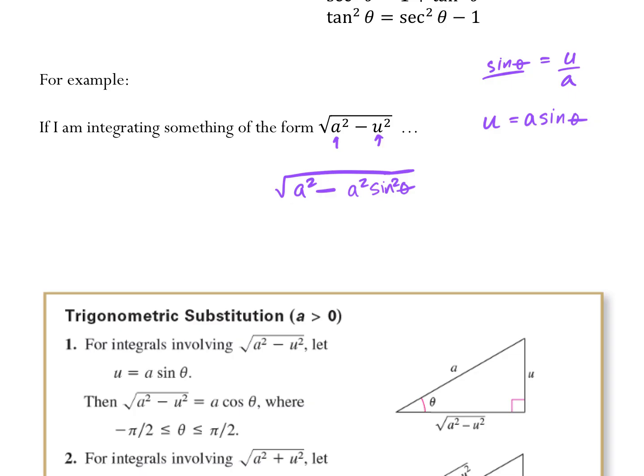Now if I ask you to simplify this, we could take that a squared out, because they both have it now. When I do that, I get 1 minus sine squared theta. Why is that helpful? Now I have the square root of a squared times cosine squared theta.